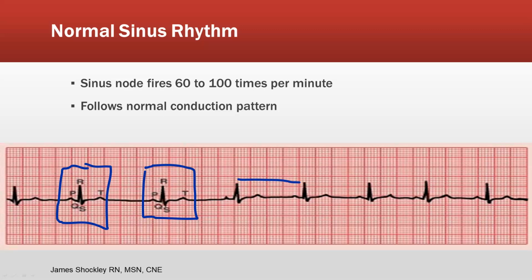And of course I can see that my R to Rs are fairly consistent. You can have some small changes, so as long as I ensure that I have a P, a QRS, and a T, and your R to Rs are fairly consistent, you're okay to say that it is sinus.